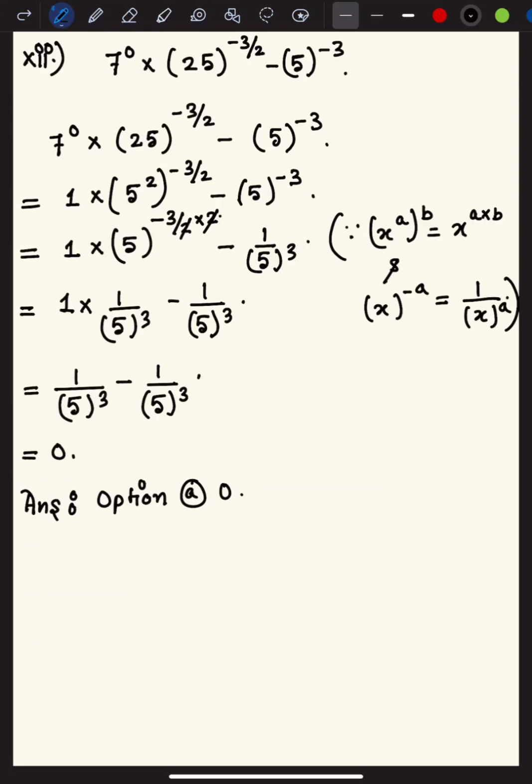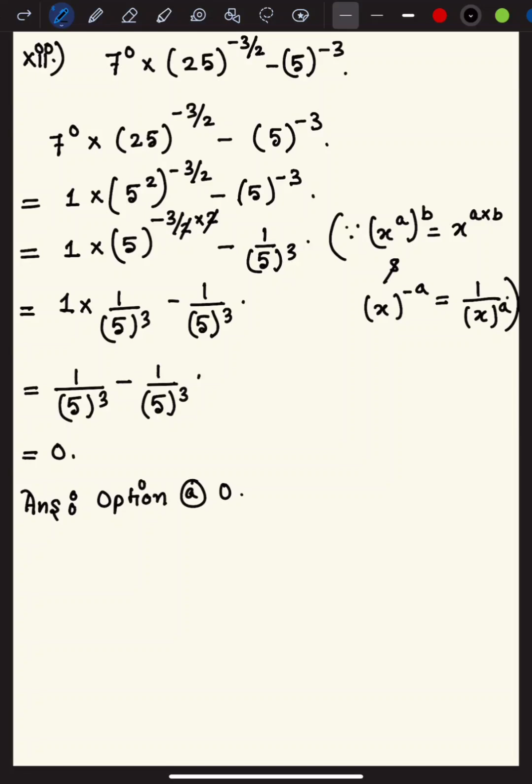So this 2 and 2 get cancelled out, and this becomes 5 to the power minus 3, because we know that x to the power minus a is equal to 1 by x to the power a. So 5 to the power minus 3 will be equal to 1 by 5 to the power 3.